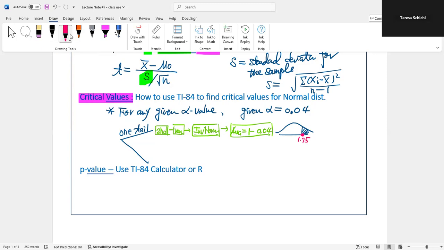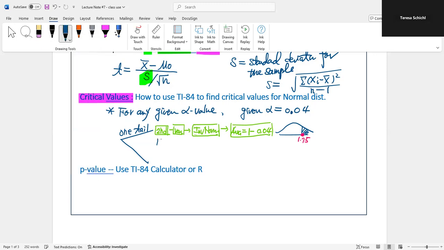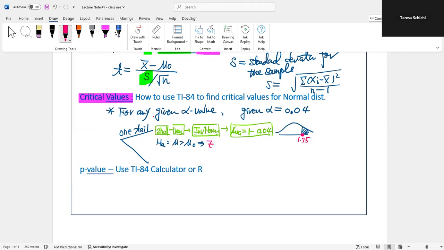Write it this way: if your alternative hypothesis is mu greater than mu 0, then Z star, that's your critical value, is what you find, 1.75.